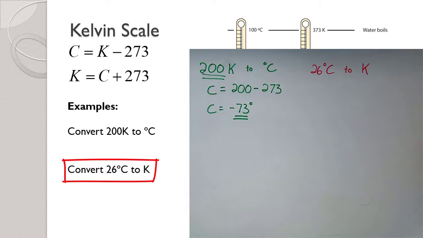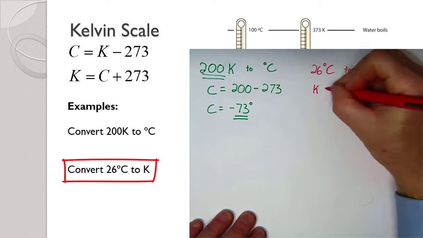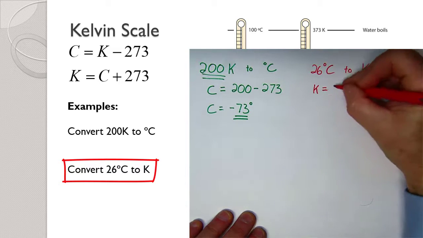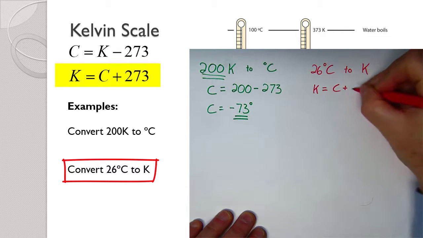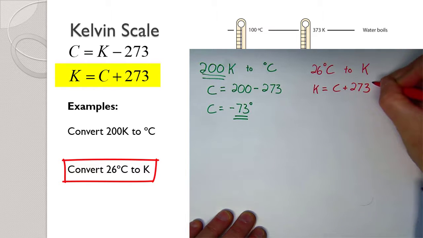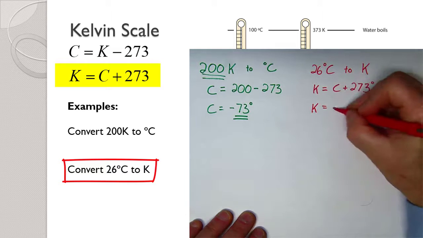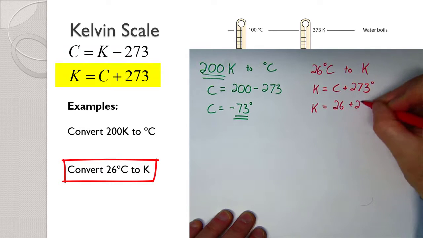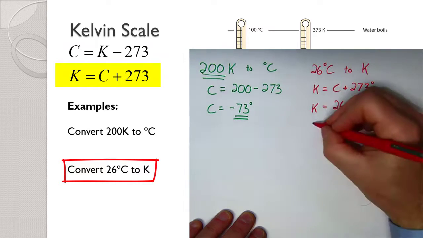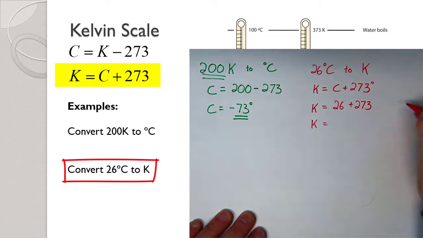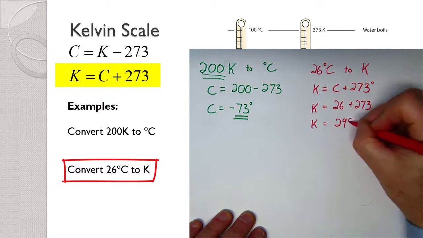Our other one here, convert 26 degrees Celsius to Kelvin. Okay, well this time we want to find the Kelvin temperature, so to find K we're going to take the Celsius temperature and we're going to add 273 degrees. That's pretty easy. So our Kelvin will be 26 plus 273, and our Kelvin temperature turns out to be 299.